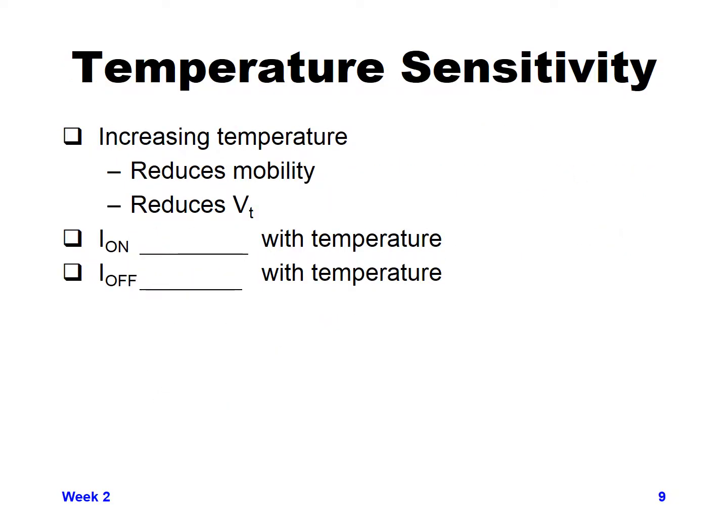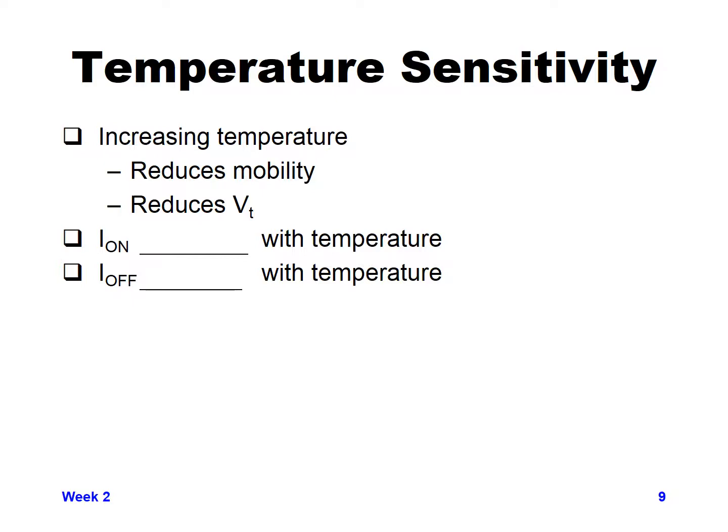One additional non-ideality that we haven't talked about yet is the temperature sensitivity of NMOS and PMOS transistors. Increasing the temperature of the material winds up reducing the mobility of the material, and it also reduces VT.